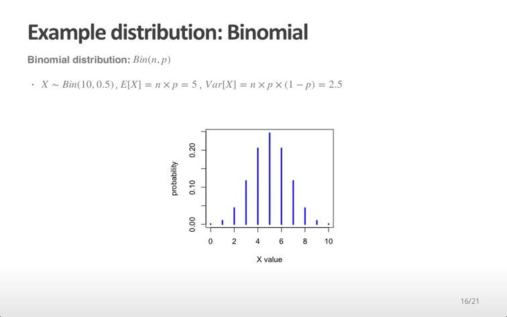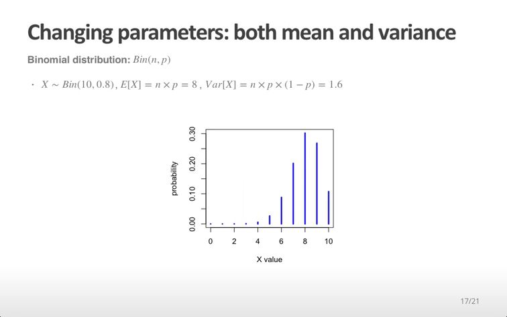So in that case, we can change the parameters of the binomial distribution, for example, by making it more and more likely that the coins will come up heads. In this case, again, we flip 10 coins, but 0.8 of the time, or 80% of the time, the coin will come up heads. Here the expected value has changed because the number of coins times the probability equals 8.